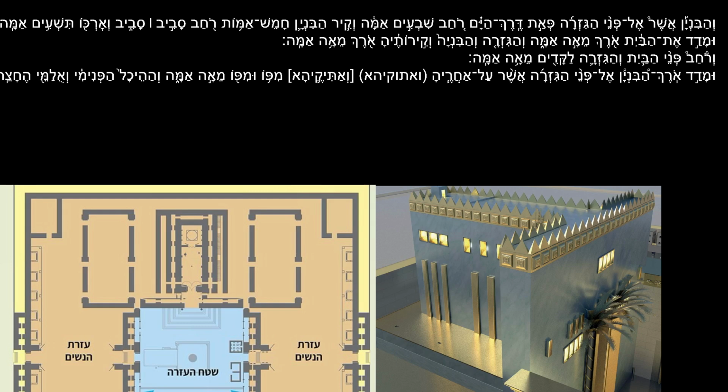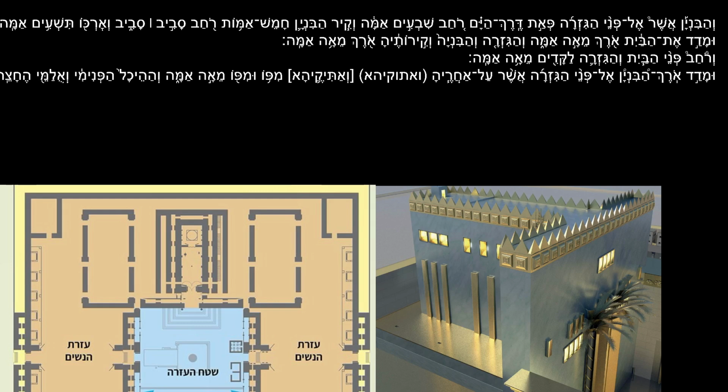So it comes out that it wasn't 100 amos by 100 amos, because at some points only the more eastern part was 100 amos wide. 100 amos long was in all directions from east to west. But when we're talking about north to south, it's only on the more eastern side. And you could see in the picture on the right how it looks.